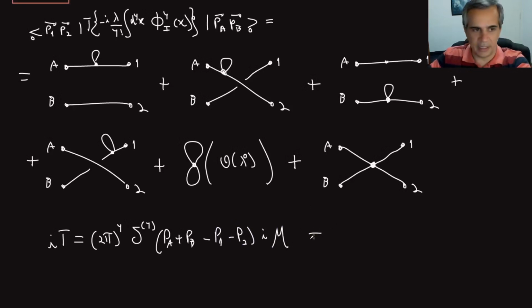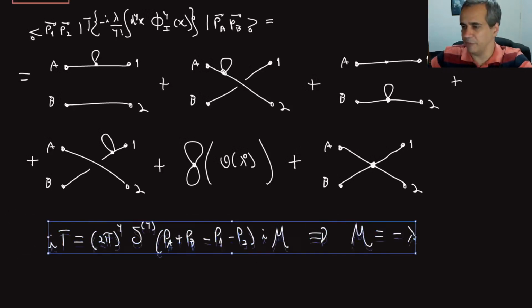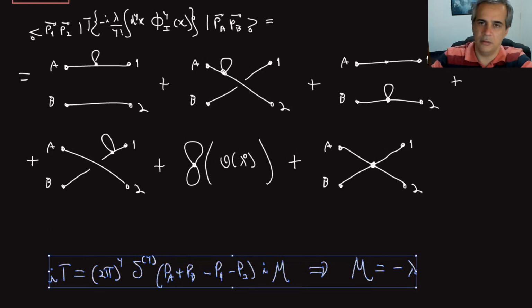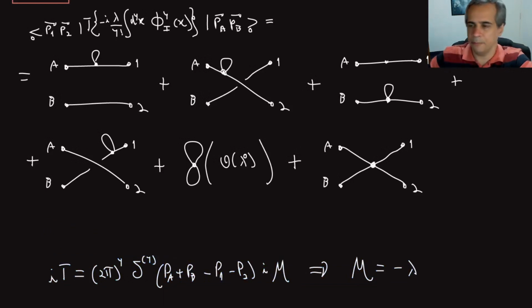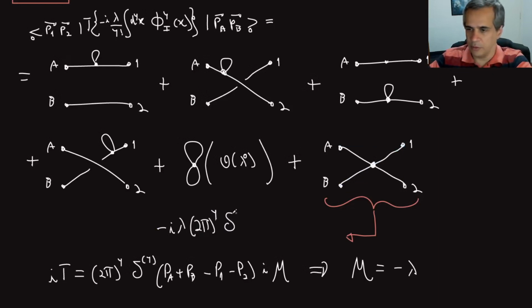And this tells me that M is minus lambda, because this guy, right here, if I use the Feynman rules I know for lambda phi 4, this guy is just minus i lambda 2 pi to the 4th delta for PA plus PB minus P1 minus P2.